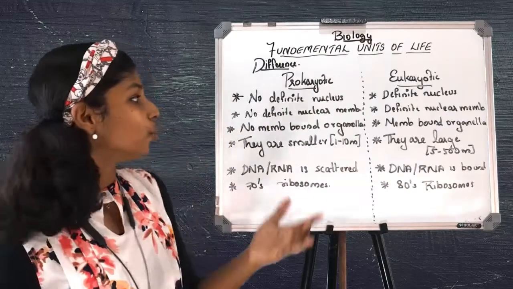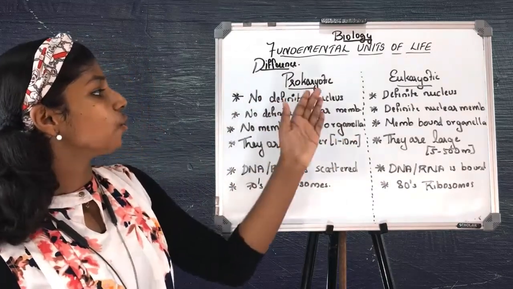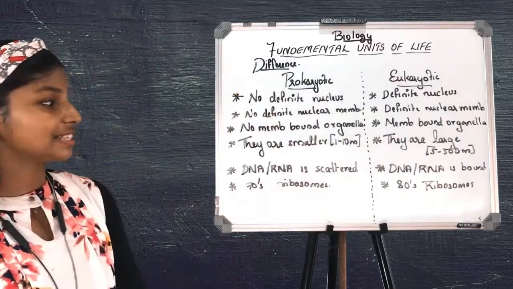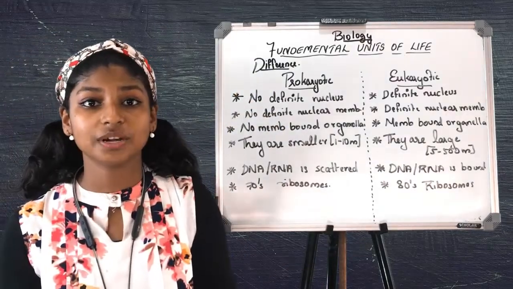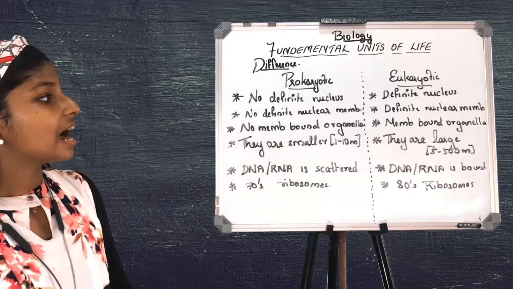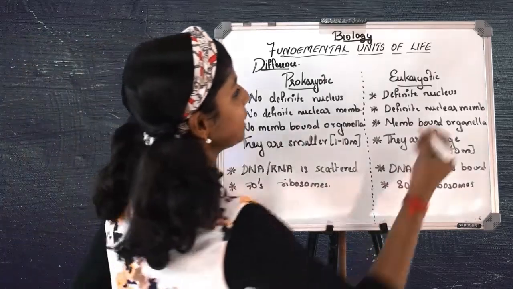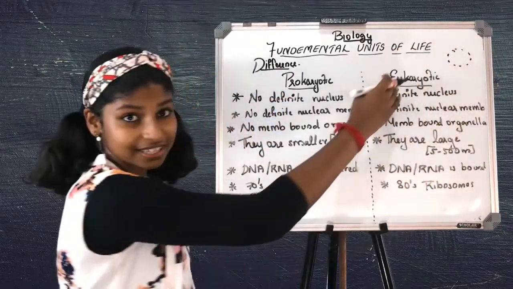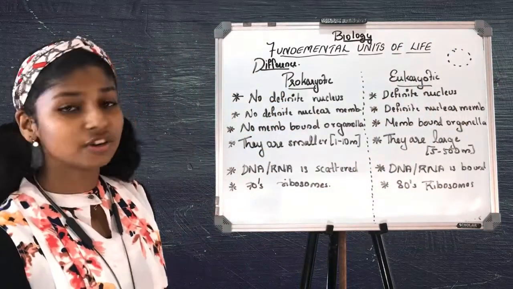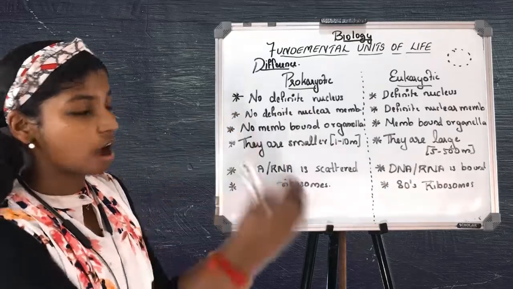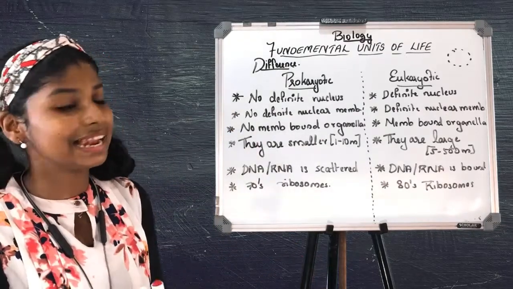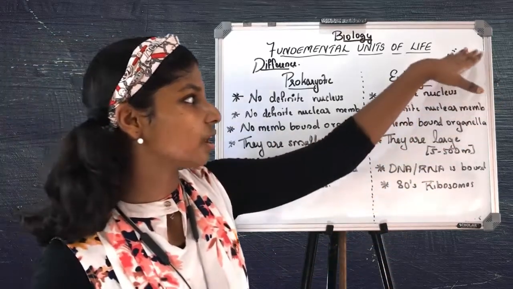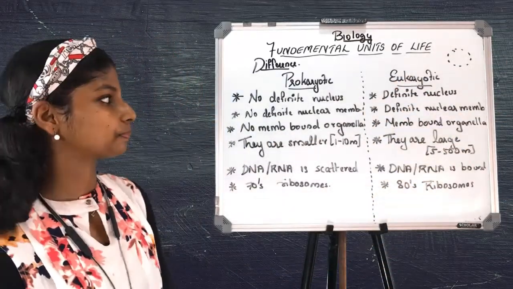The first difference is that no definite nucleus is present. In a prokaryotic cell, there is no definite nucleus. There is an amorphous surface inside the cell, which we cannot see, and all the organelles and DNA are scattered inside that.